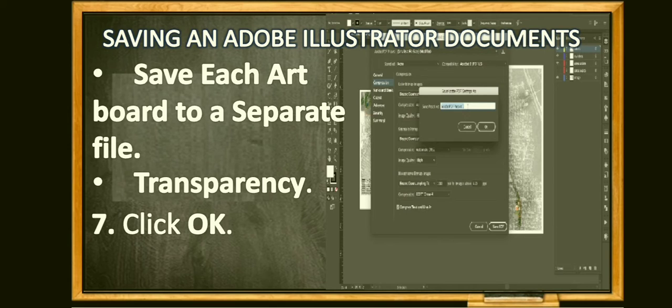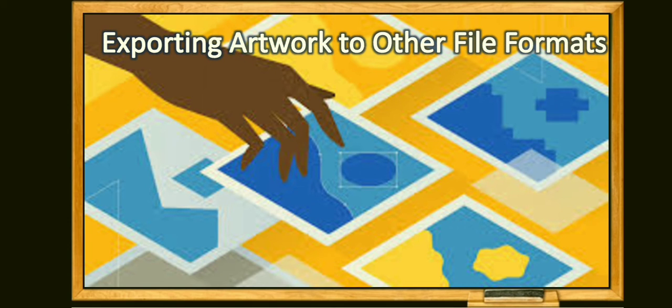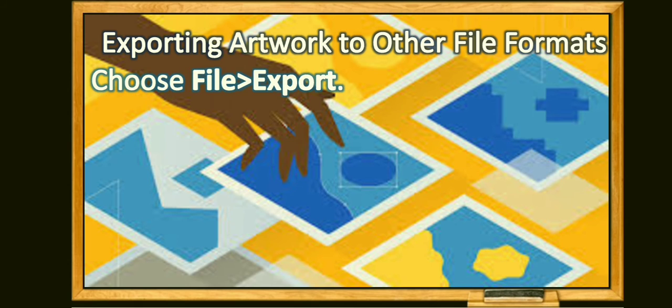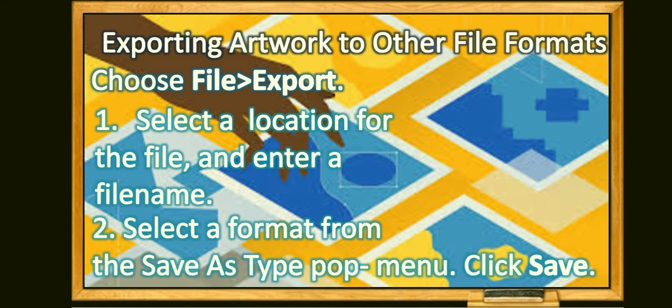Now, let us move on. How can we export the artwork to other file formats? You have to choose File, Export, select a location for the file and enter the file name. Select a format from the Save as type pop-up menu and click Save.